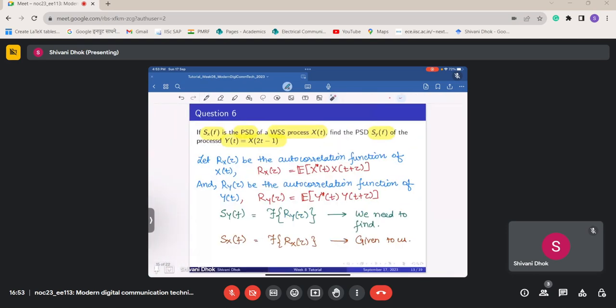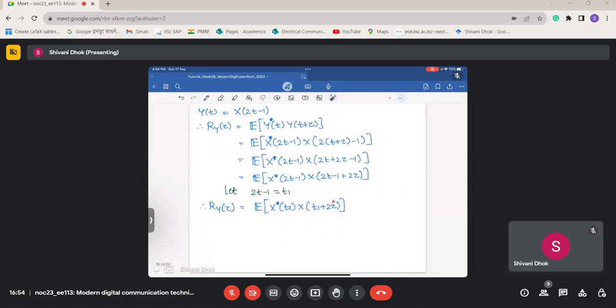This Rx of tau is basically expectation of x conjugate of t multiplied by x of t plus tau. So this Rx of tau depends only on the difference of these two time instants, that is t plus tau minus t, which comes out to be tau. So basically this autocorrelation depends only on the difference between the two time instants.